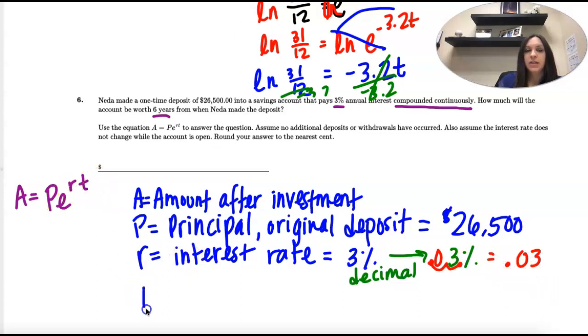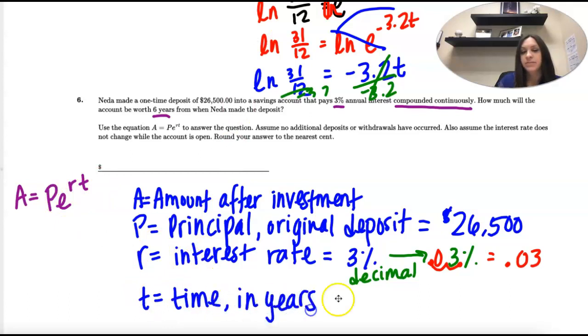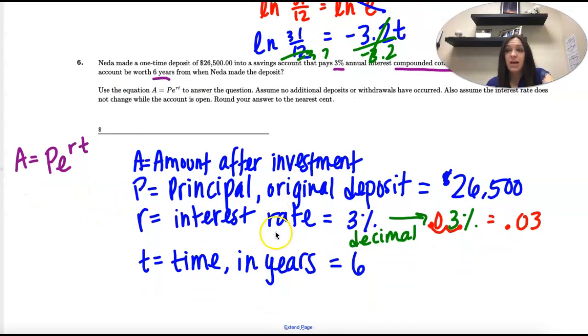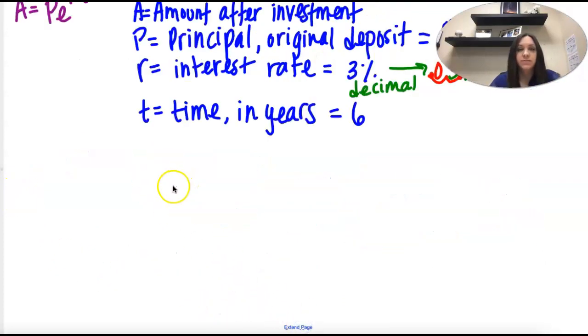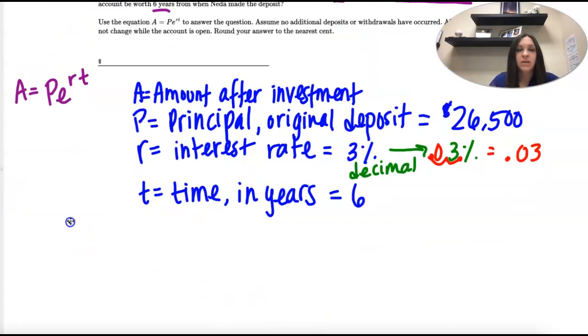Okay, last one. T is time in years. Okay, so how much will the account be worth? 6 years. So T is 6. And now it's just plug everything in and calculate. Okay, so we have A. A equals PERT.